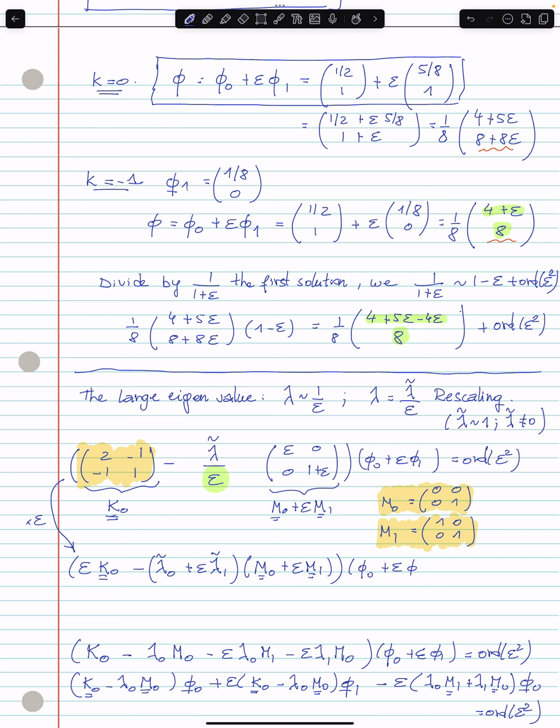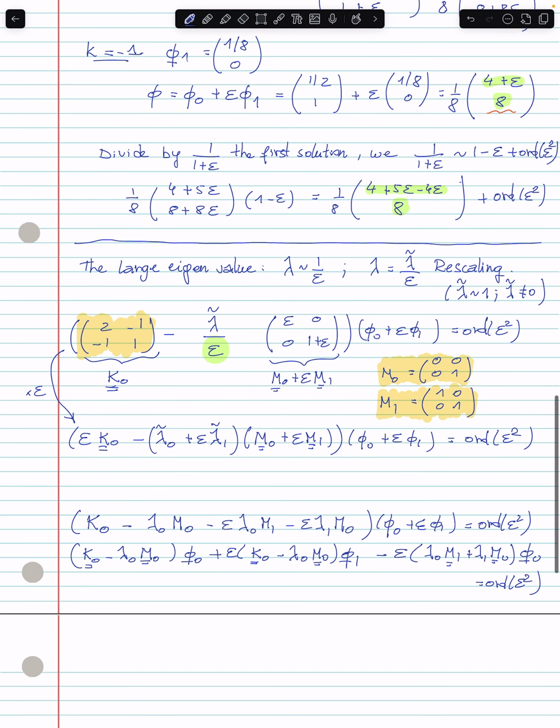And that is order epsilon square. The definitions of m0, m1, and k0 haven't changed, so we keep the same definitions as those we used earlier. We just need now to expand.